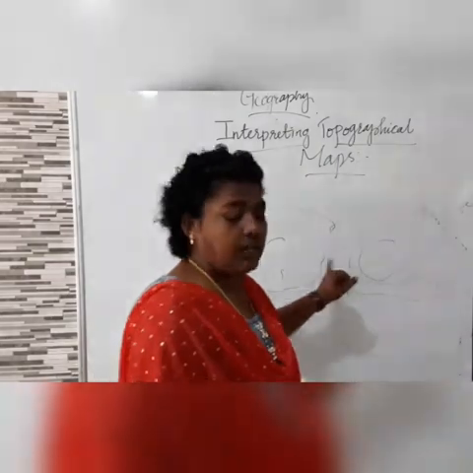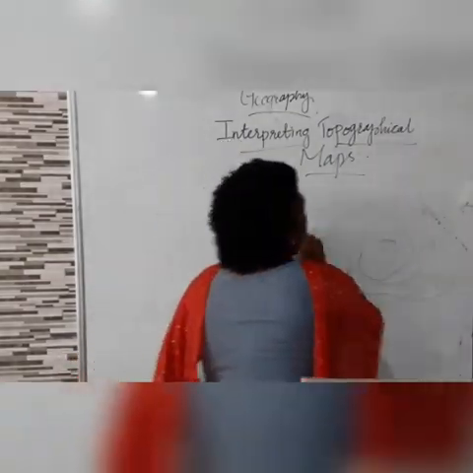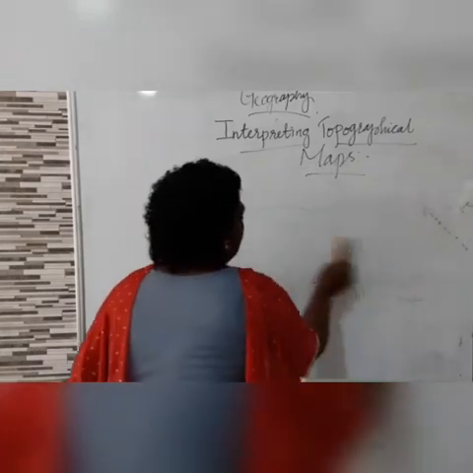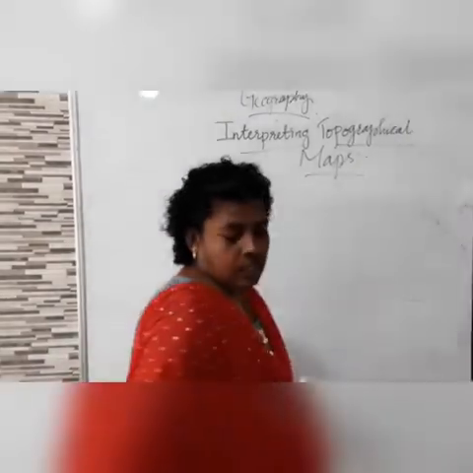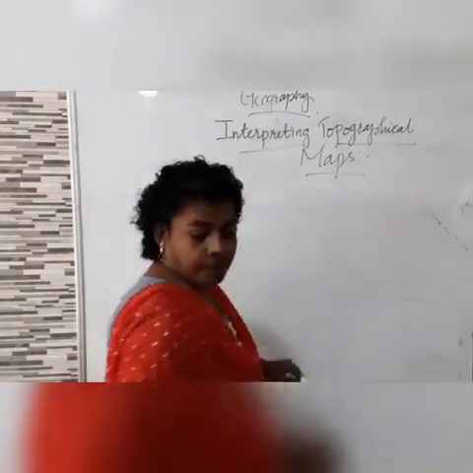Then cliff. A cliff is a vertical or near vertical land feature. Cliff is what? It is a vertical or near vertical feature of the land. For example, the depression will be like this.